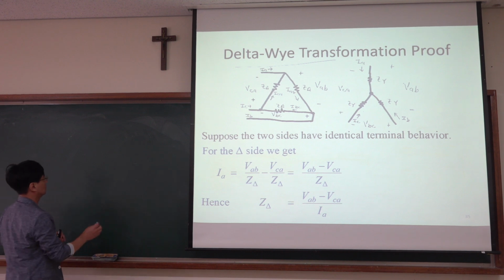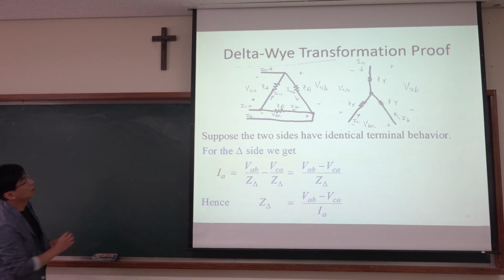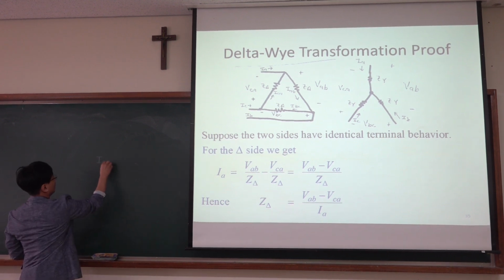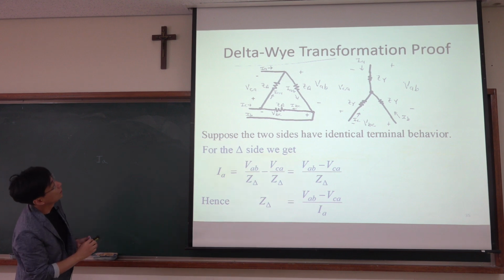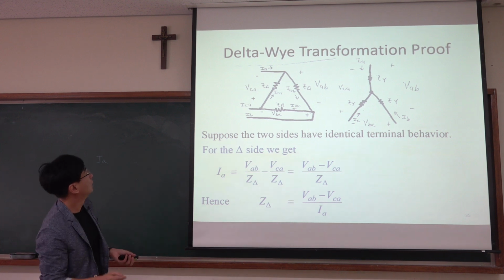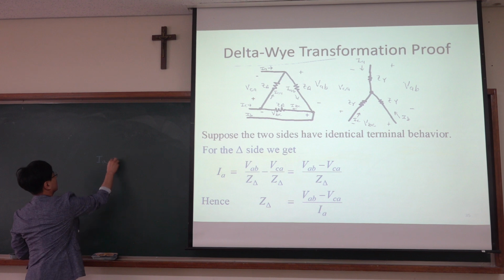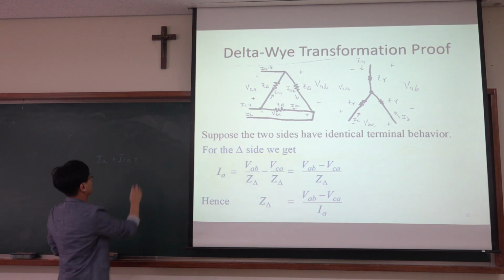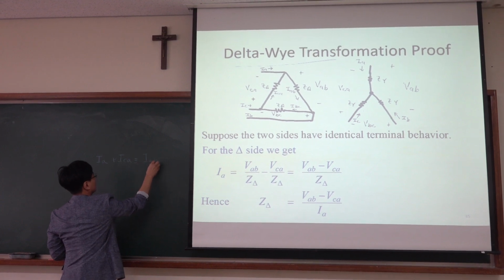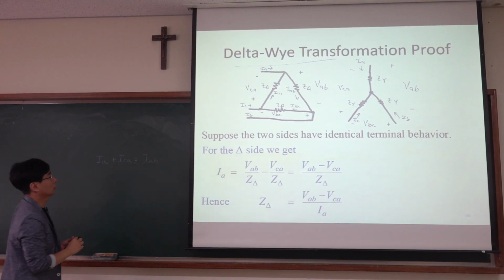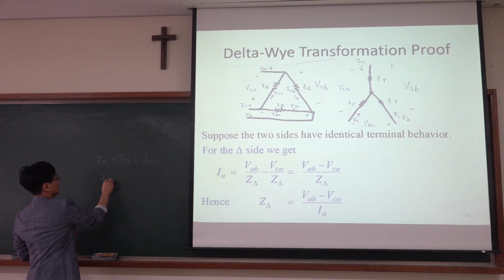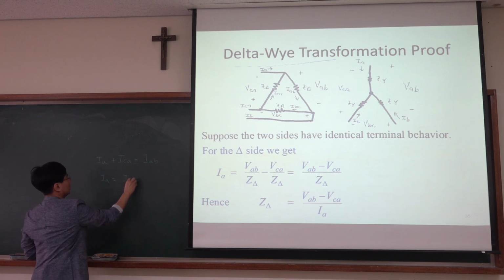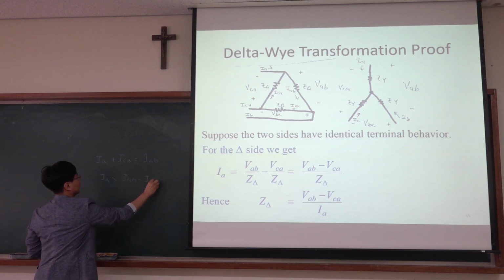Okay, so IA plus ICA equals IAB from Kirchhoff's current law. So IA equals IAB minus ICA.